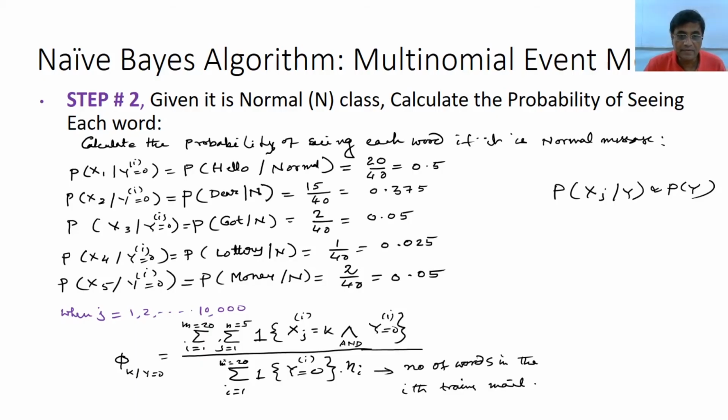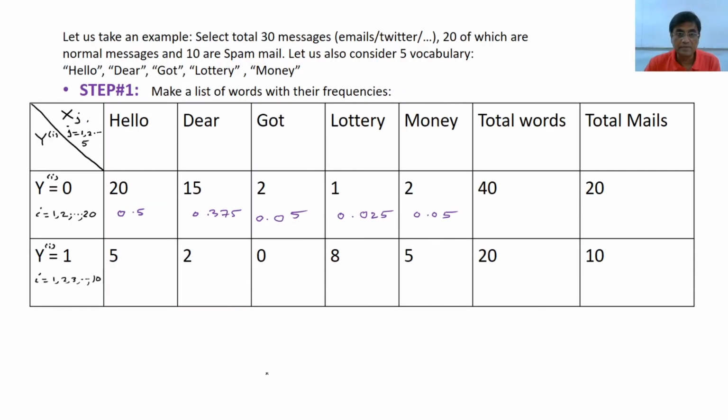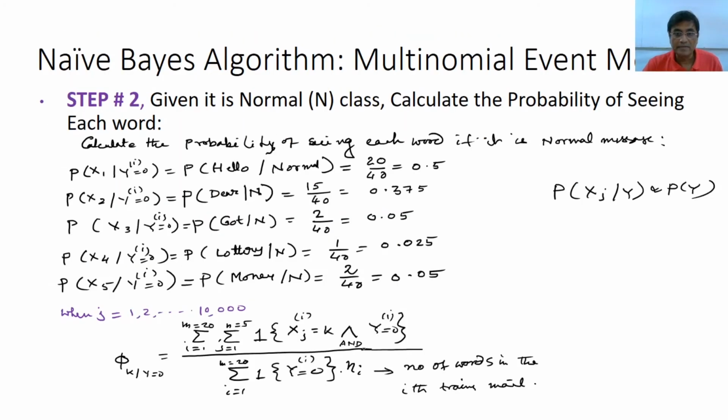And then you divide it by the number of words in the ith training mail. That particular number of words in the ith training mail is what tells you how many total words there are across all the mails. You see, total 40. So in an automated way, this formula is helping you. This is the indicator function.